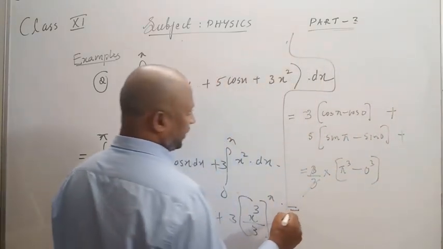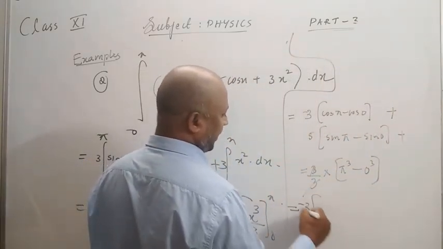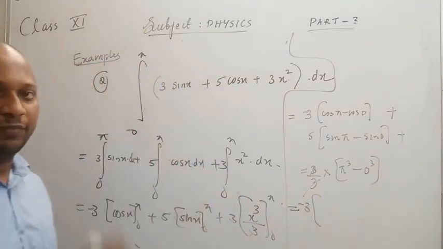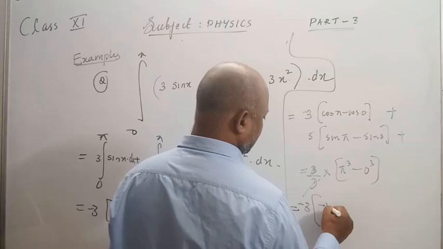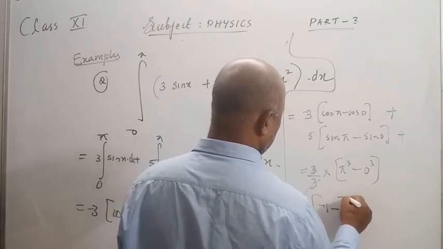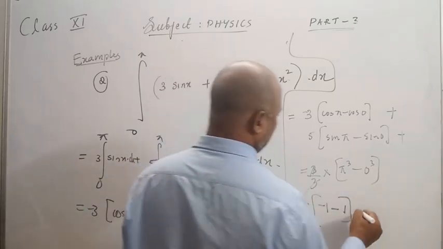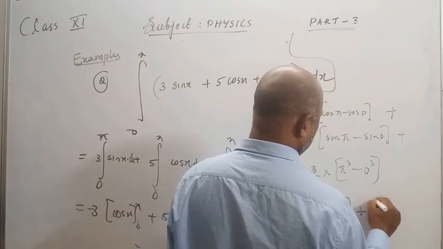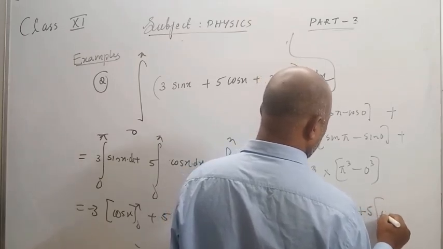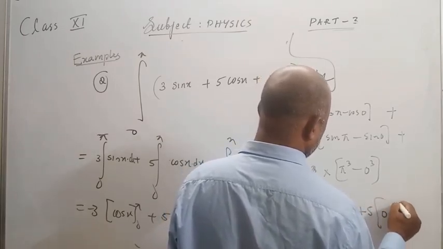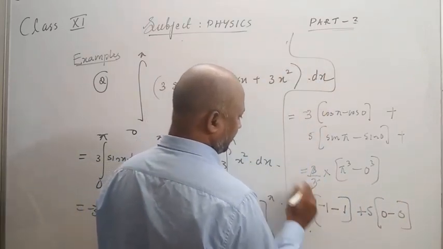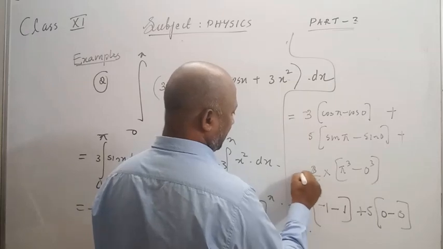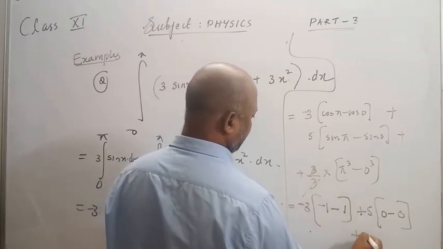So the answer you are getting is minus 3 into cos pi. What is the value of cos pi by trigonometry? Cos pi is minus 1, cos 0 is plus 1. And 5 into sin pi is 0 and sin 0 is also 0. Or plus pi cube.